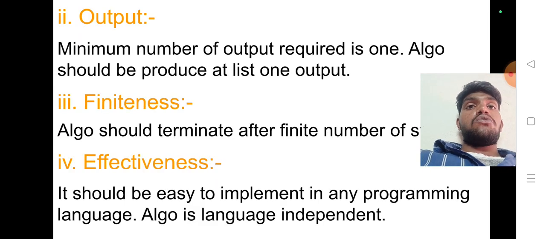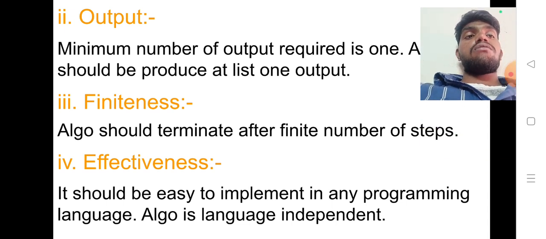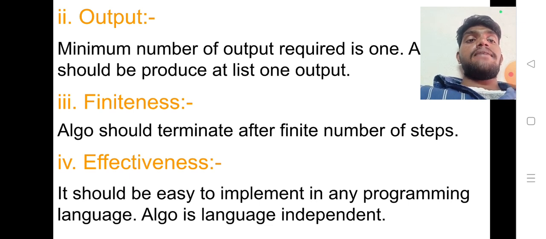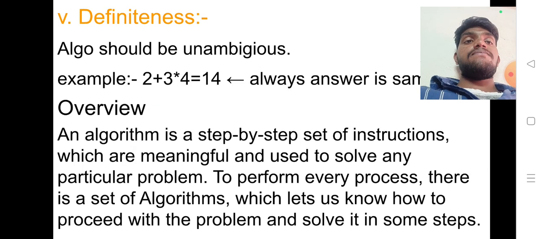Output: the minimum number of outputs required is 1. An algorithm should produce at least one output. Finiteness: an algorithm should terminate after a finite number of steps. Effectiveness: it should be easy to implement in any programming language. Algorithm is language independent. Definiteness: an algorithm should be unambiguous.